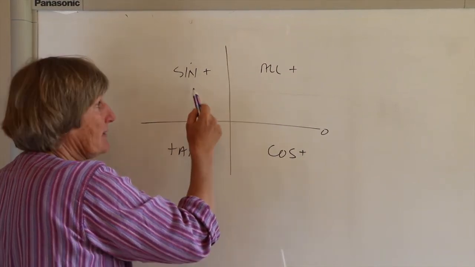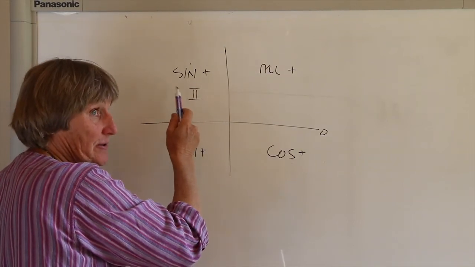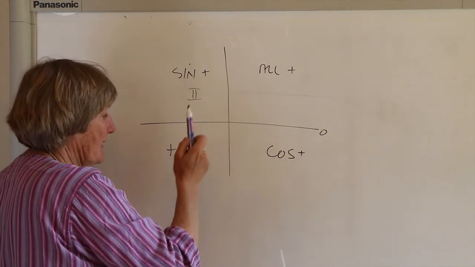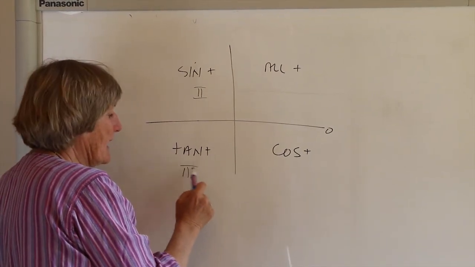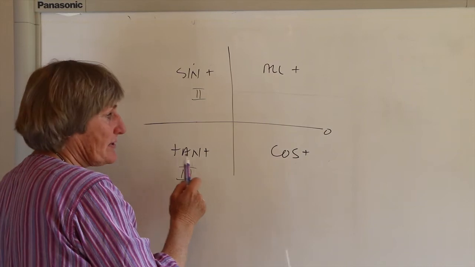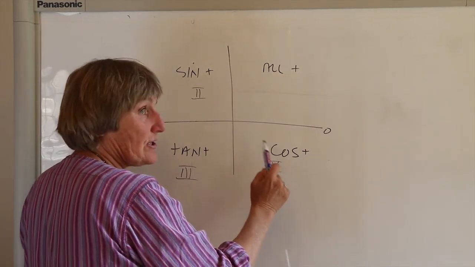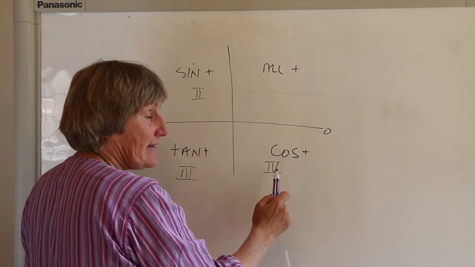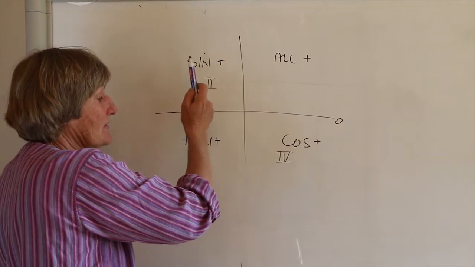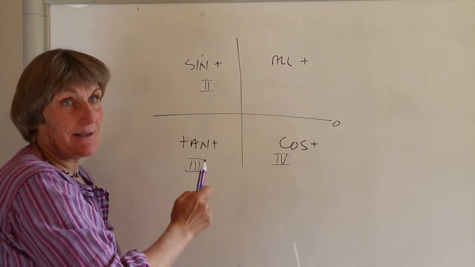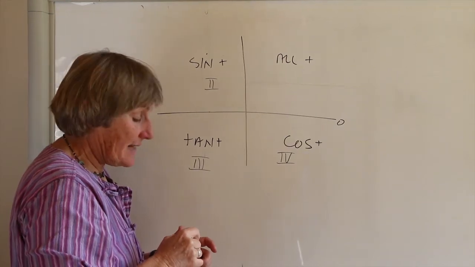In the second quadrant, only the sine is positive, in other words, also cosec of that angle. In the third quadrant, only tan and cot are positive. And in the fourth quadrant, it's only cos and sec. So when I teach, we always say, all stations to Cape Town. That's how you remember the sign that comes out.